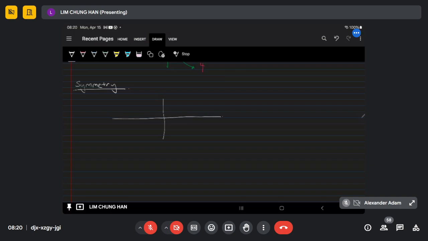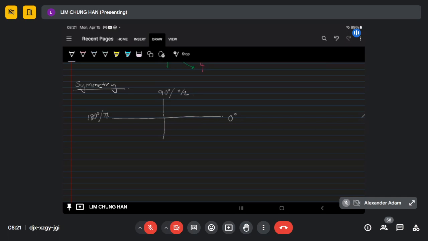In a polar coordinate, as I mentioned before, you start off from 0 degrees and then you go anti-clockwise. You get to 90 degrees or pi over 2. If you keep going anti-clockwise, you will get to 180 degrees, or pi.